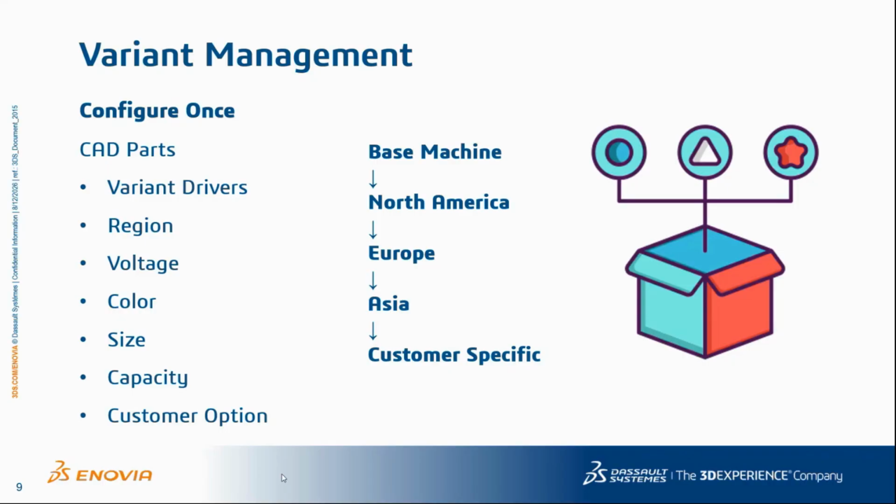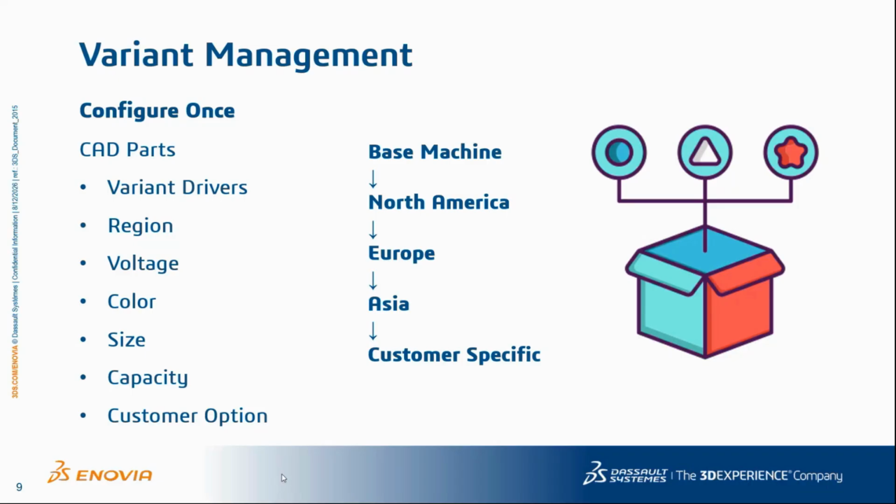I'll make sure I make that specific change which I need to perform in my product. I'll not recreate my product completely. I'll perform that specific change, which will comply with that country's or continent's standard. So you have a base machine, a North American variant, a European variant, an Asian variant.